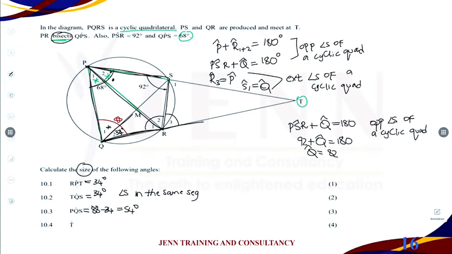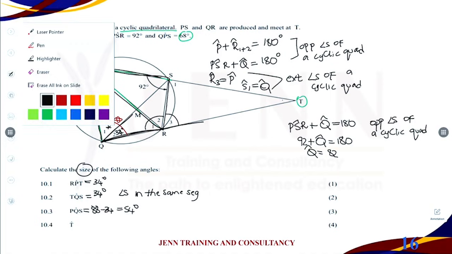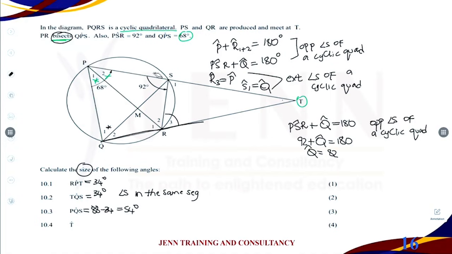And then the last question, calculate the following angles. You must then calculate the size of angle T. So for us to get to angle T, we will have to look at our diagram again.